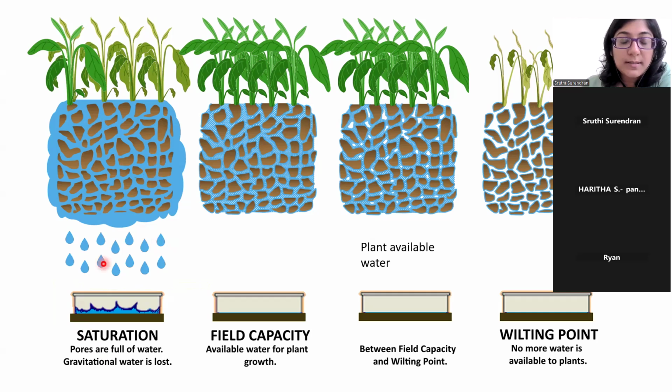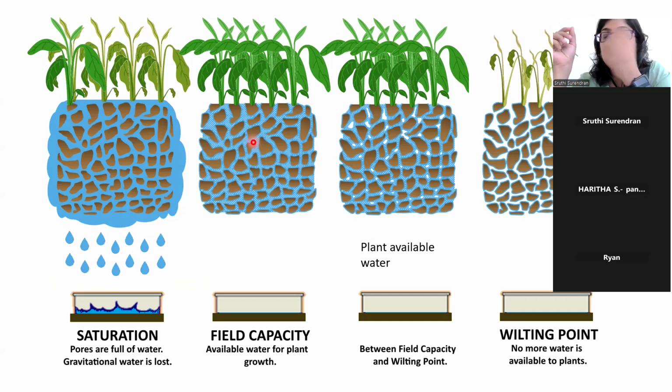Once all this water is drained out, there is some water still remaining in the pores of the soil as a result of adhesion and cohesion between the soil particles. That is, when the soil particles are attracting the water molecules and holding them there, then that condition with water is called the field capacity of the soil.